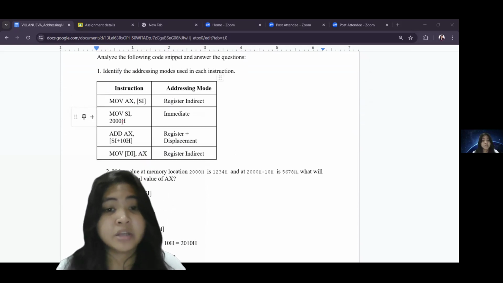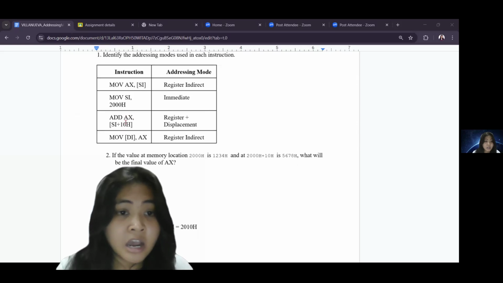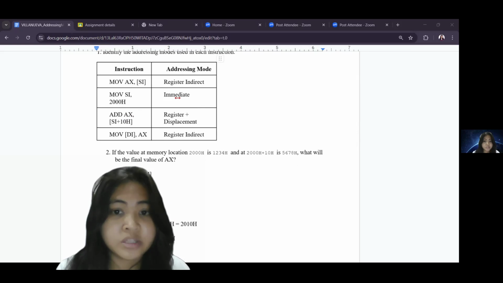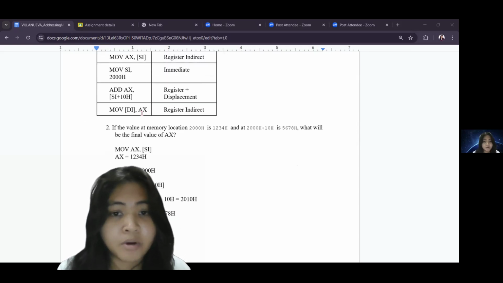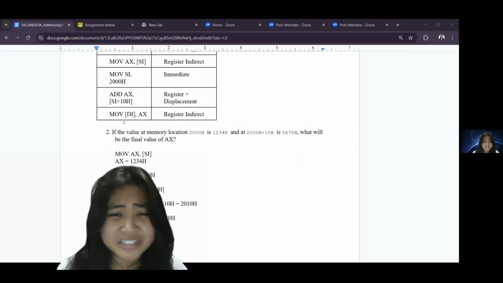Mov SI comma 2000H is immediate addressing. Add AX comma bracket SI plus 10H is register with displacement, or indexed addressing, and mov bracket DI comma AX is register addressing.